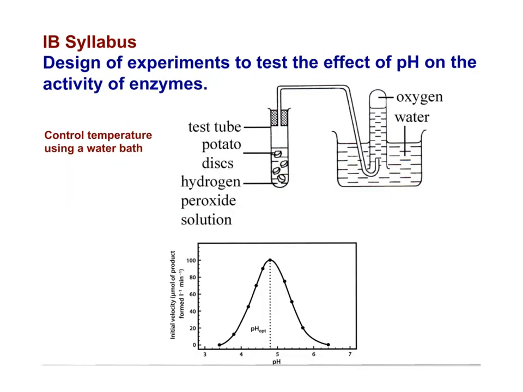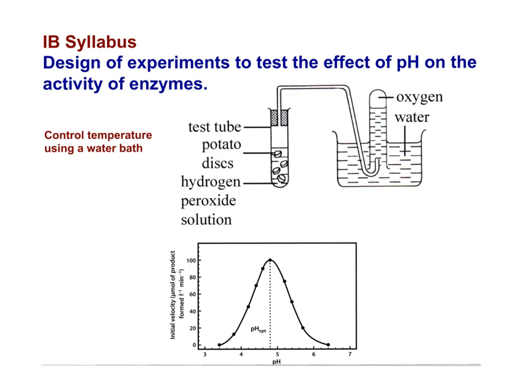In this image, you can see potato cells that have the enzyme catalase. Catalase engages with the substrate, hydrogen peroxide, to catalyze the decomposition of hydrogen peroxide with the production of oxygen. Oxygen volume over time is a measure of reaction rate.